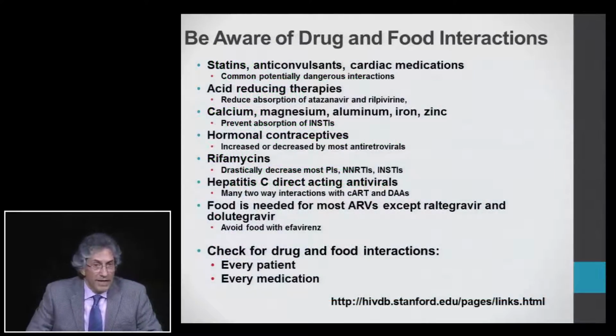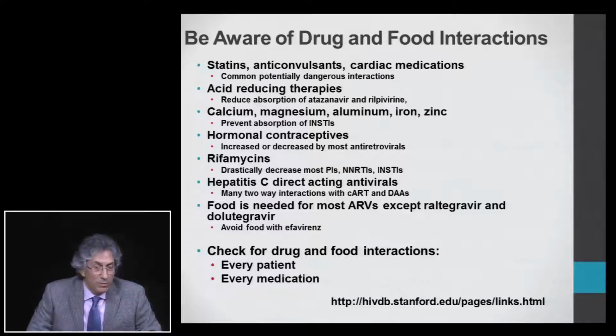You have to be very careful about drug and food interactions with all of these medicines. Statins, anticonvulsants, cardiac medicines have many interactions with antiretrovirals. Some of them are potentially dangerous. Acid-reducing therapies may reduce the absorption of some of these medicines.